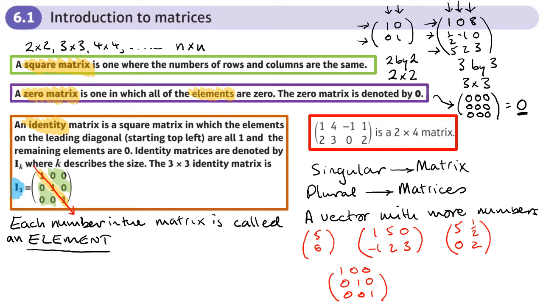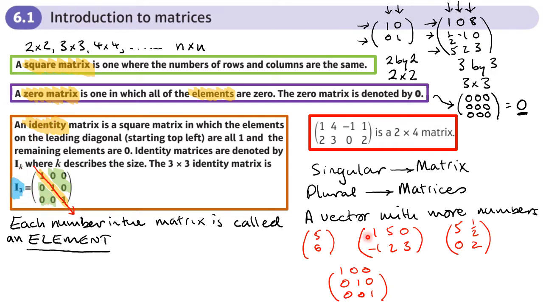When we talk about matrices and capital letters, we underline them like vectors, because remember it's just a big vector. So I means identity, meaning all the numbers on the leading diagonal are 1, and 3 indicates that it's a 3 by 3 square matrix. Identity matrices are only ever square.